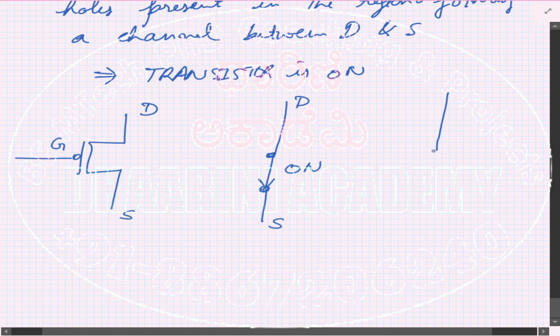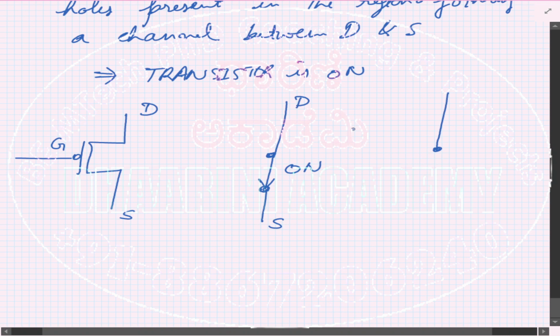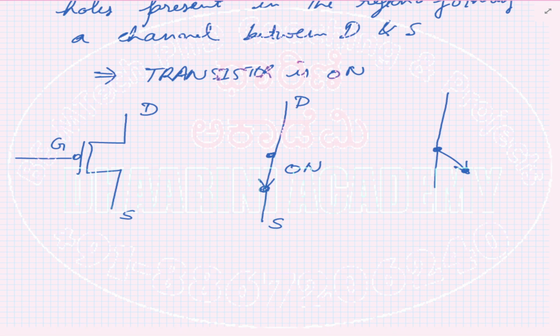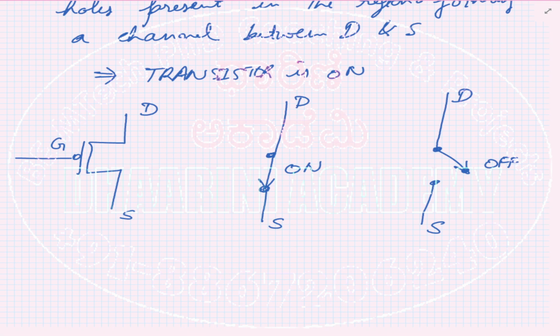And if you want to denote the off condition, you will open the junction, saying there is no connection between the drain and the source. So this is drain, this is source, and the open connection says that the voltage is actually high. So this is the overall idea of the application of a MOS transistor as a switch.